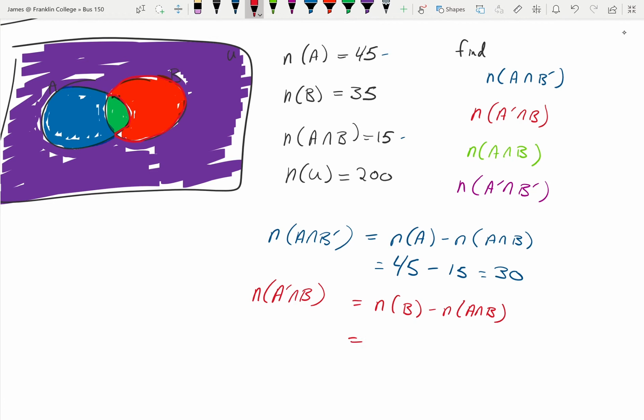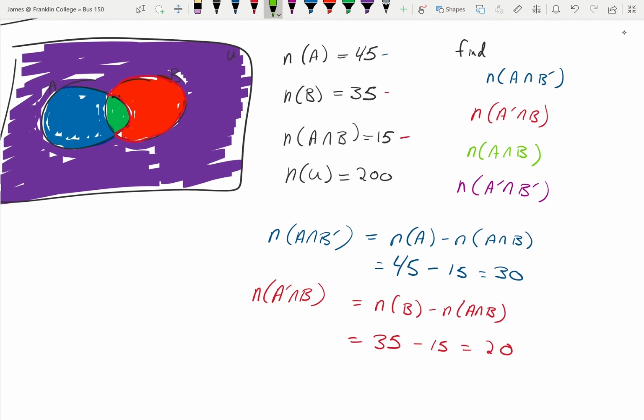So we know that the number of elements in B is 35. We know that the intersection is 15. So we know that the number of elements that's in A complement intersect B is 20 elements.